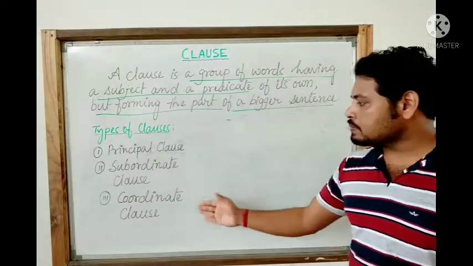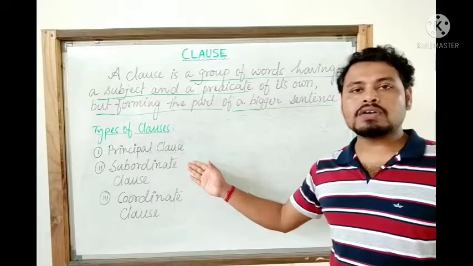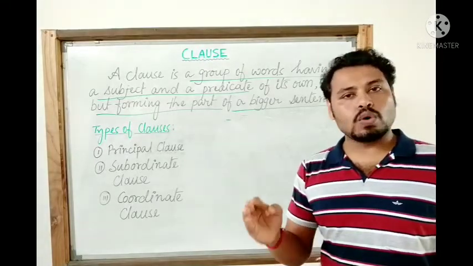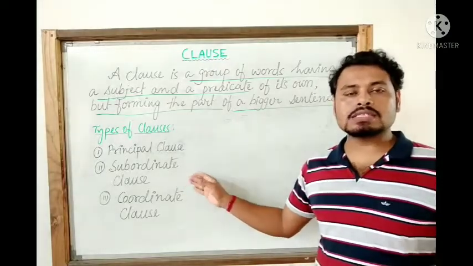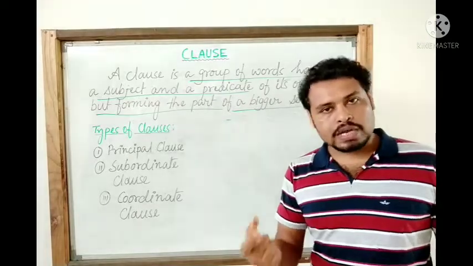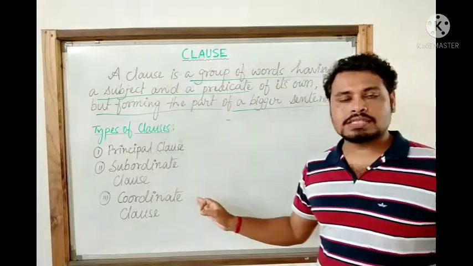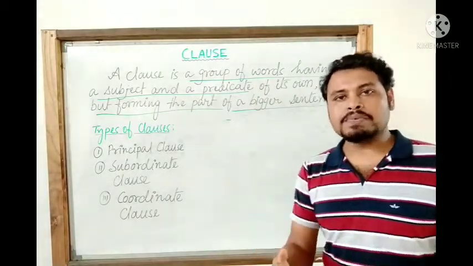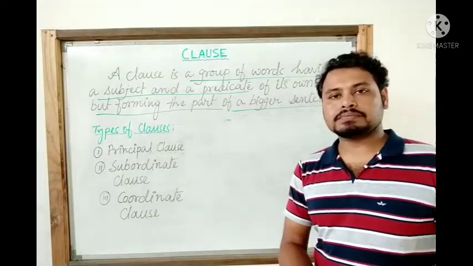And a clause can be divided into three types: principal clause or independent clause, the clause that can express its own meaning independently; subordinate clause or the dependent clause, the clause that depends on another clause to express its meaning, and the last one, coordinate clause, a clause where two clauses of same rank are joined by coordinating conjunction.